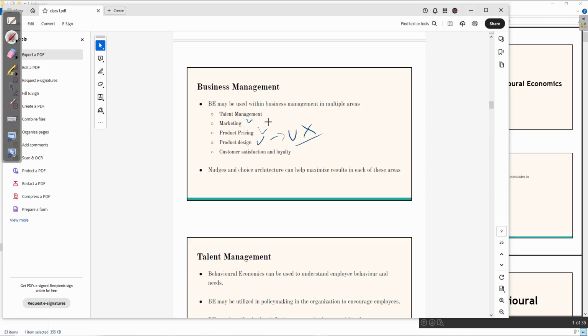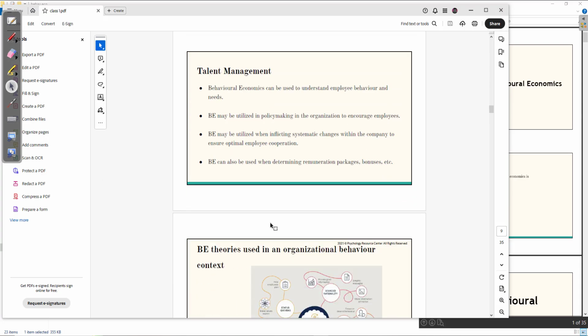So how customers are going to interact with the product, what their experience is going to be, whatever campaign or promotion you are doing, all those things. In all these areas of business management, you are applying the concepts of psychology and behavioral economics. Nudge and choice architecture can help maximize the results in these areas. What these are, again, we will be covering.